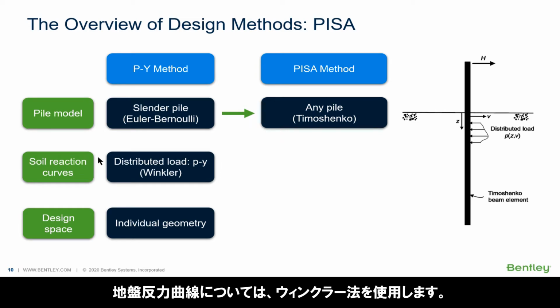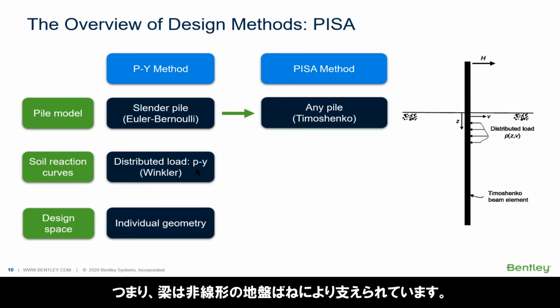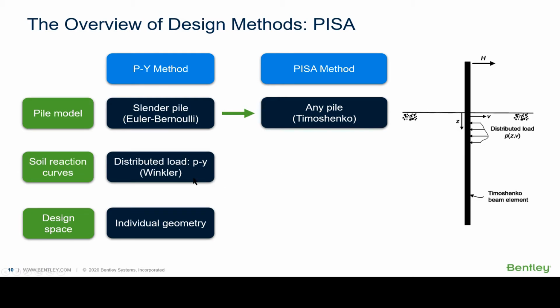And as for the soil reaction curve, both approaches use the Winkler approach. In other words, the beam is supported by nonlinear springs. But in the PY method, it only considers the lateral springs, lateral reactions.